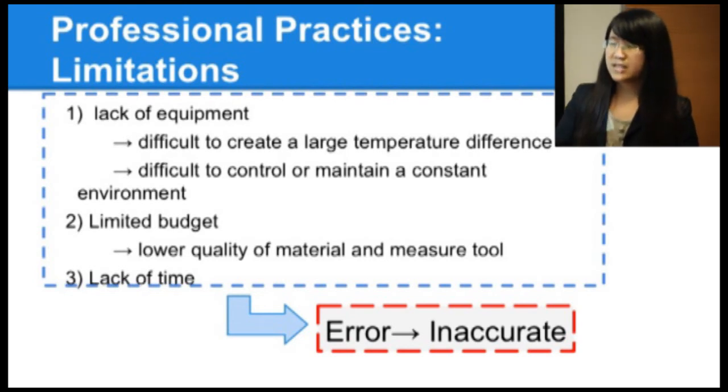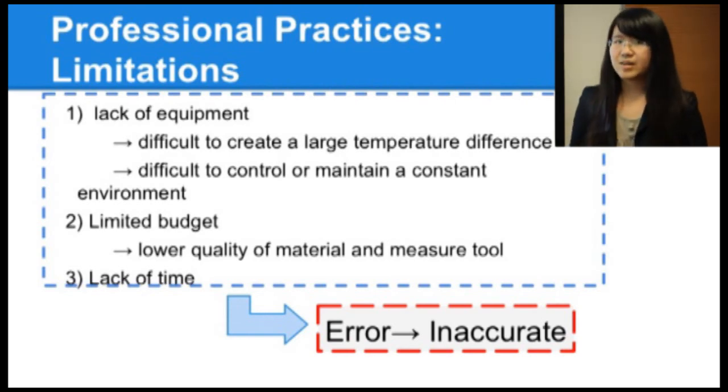Thirdly is the lack of time. Large-scale experiments take at least 3 days to complete. Although we can use a shorter time for smaller-scale experiments, the results will have a larger error. So due to these three limitations, there is a very large error, and the result will be very inaccurate.